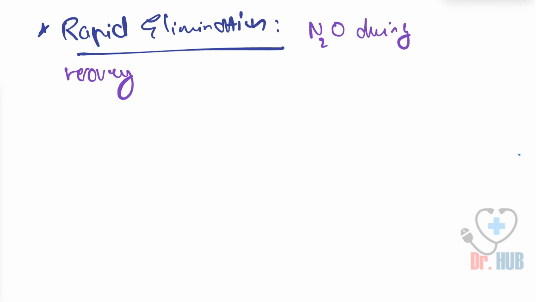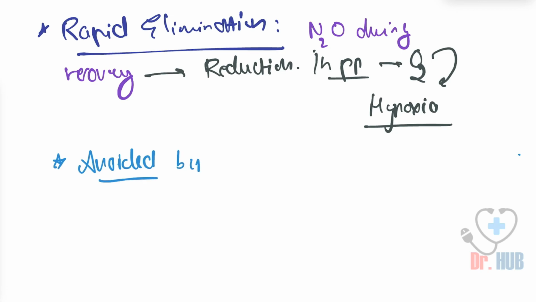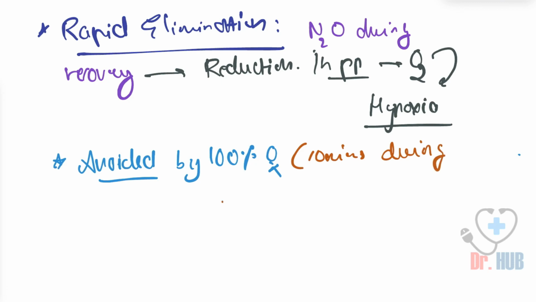It causes a reduction in the partial pressure of oxygen, and it leads to hypoxia. It is avoided by giving 100% oxygen for 10 minutes during the recovery from anesthesia.